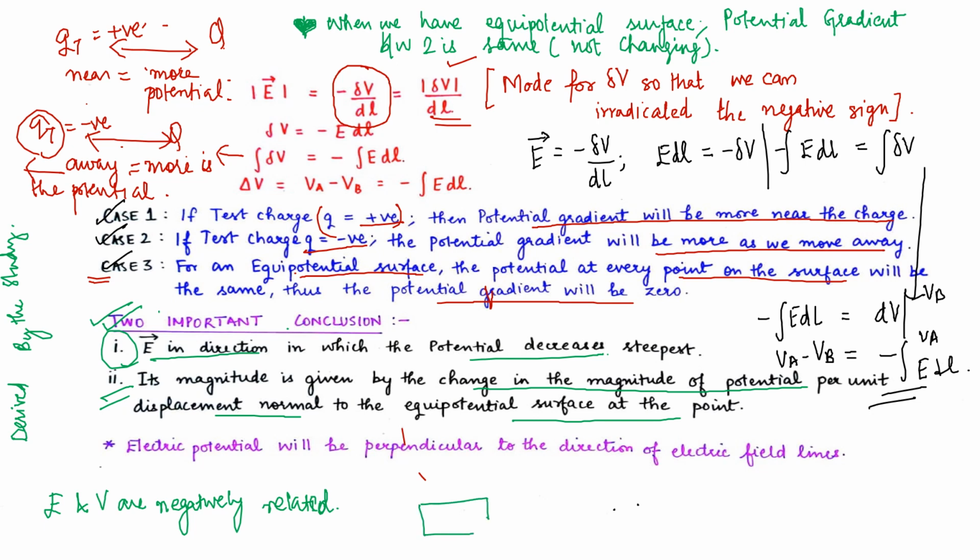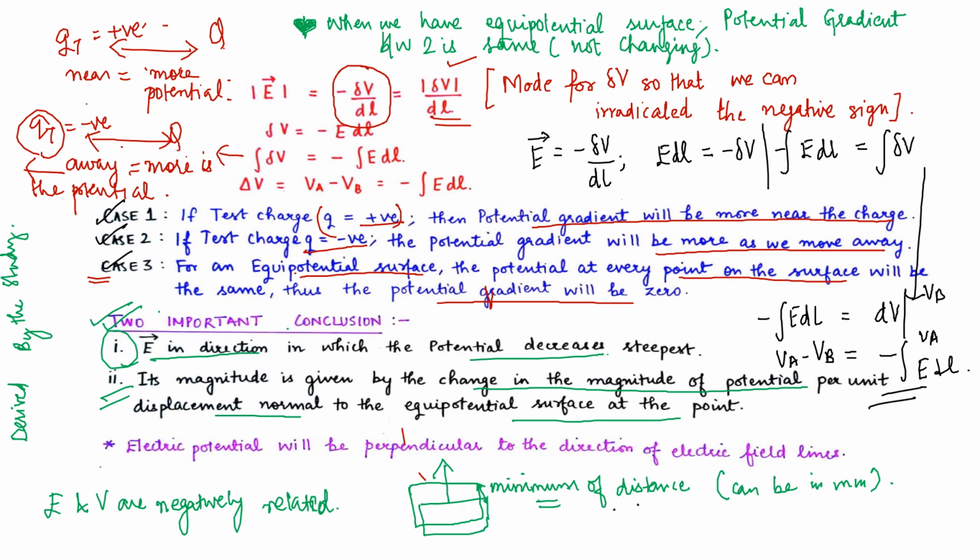This is our equipotential surface 1, and this is our equipotential surface 2, which are just a minimum distance apart, which can be in mm but not more than that. So the change in potential along the displacement that is normal to the equipotential surface is what they calculate.